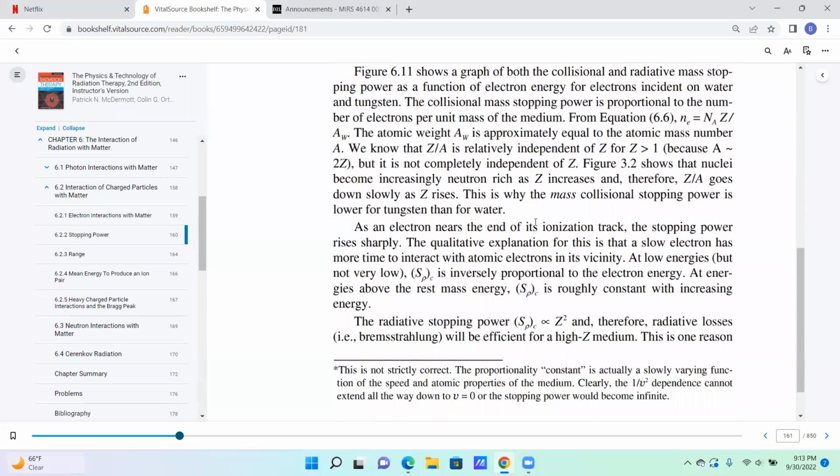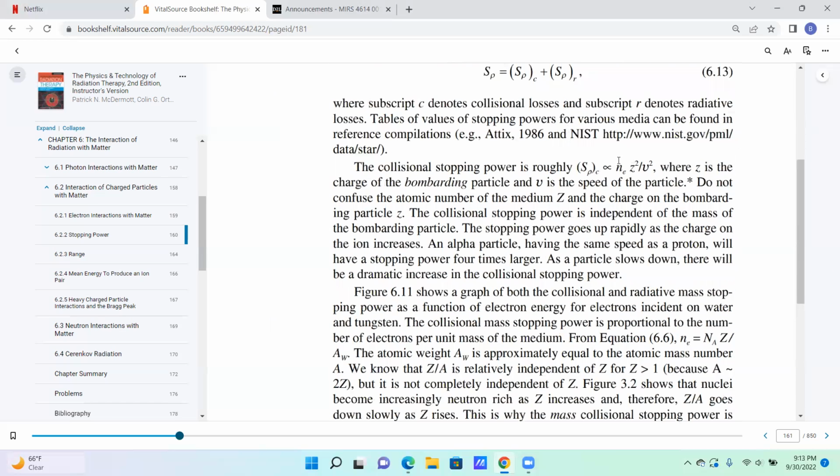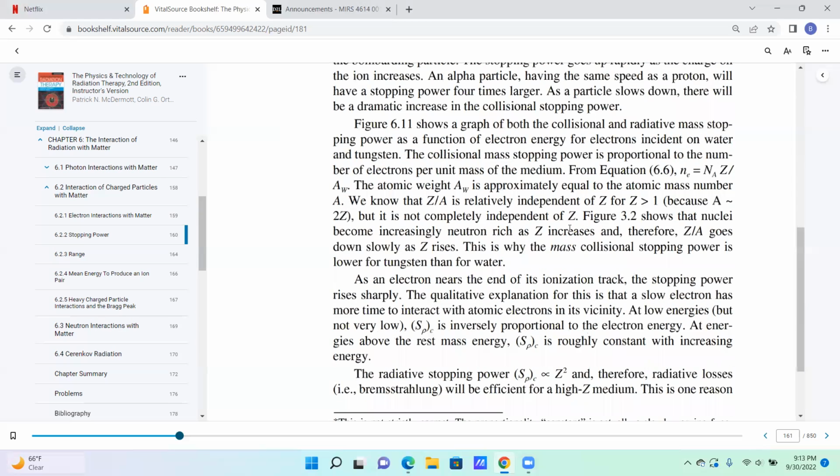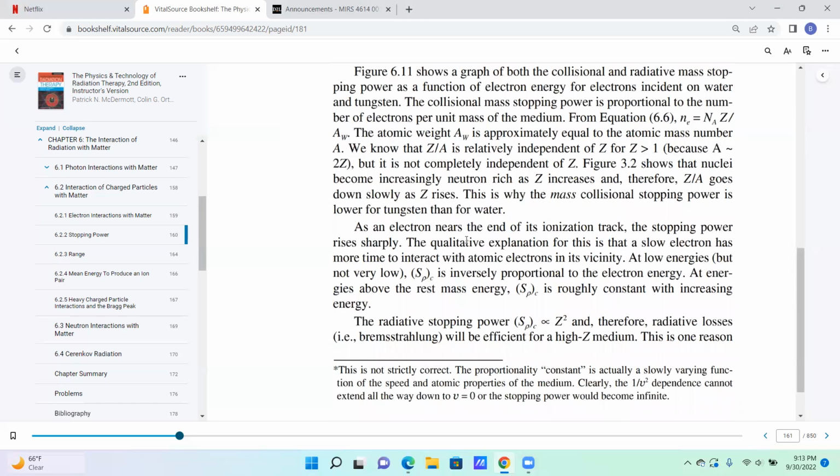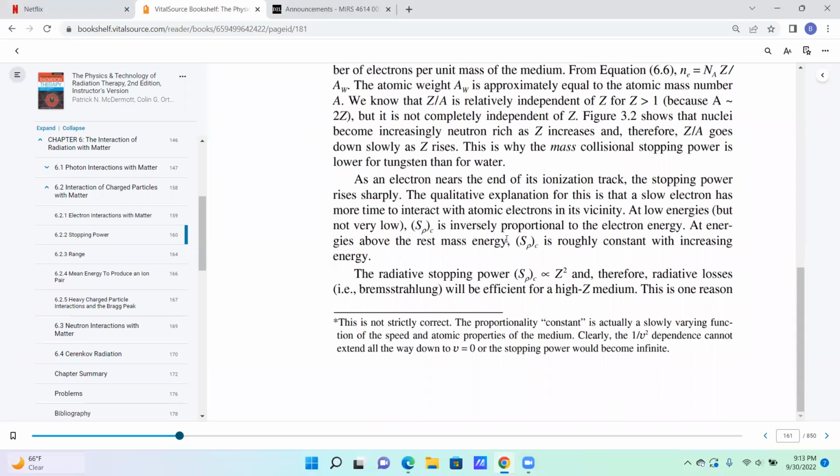As the electron nears the end of the ionization track, the stopping power rises sharply. That's because if this is going to be our proportionality, as this gets smaller and smaller, the stopping power for the collision starts to increase quite a bit. The qualitative explanation here is that the slow electron has more time to interact with atomic electrons in its vicinity.